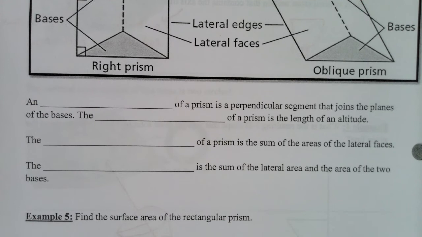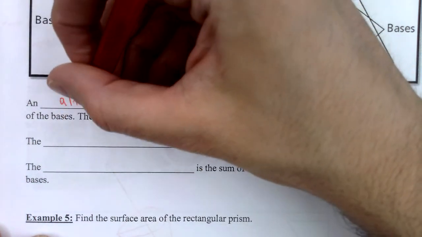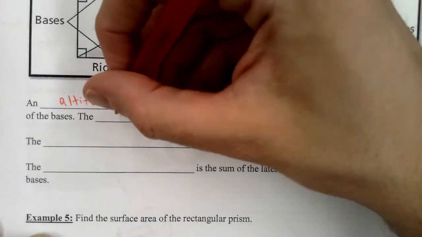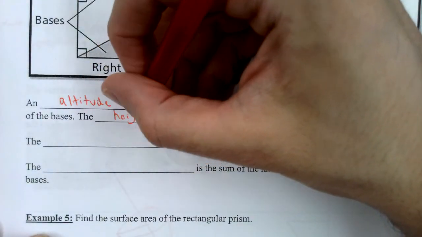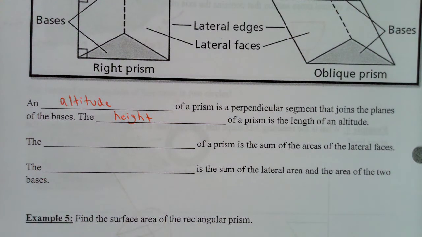An altitude of a prism is a perpendicular segment that joins the planes of the bases. The height of a prism is the length of an altitude. The lateral area of a prism is the sum of the areas of the lateral faces.